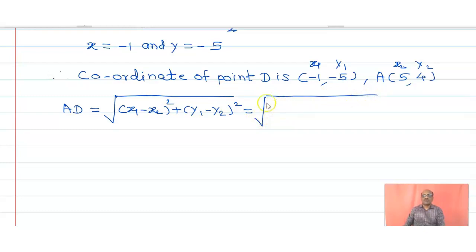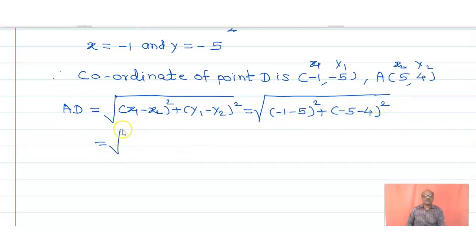Okay, what is x1? x1 is minus 1, so minus 1 minus 5 bracket square plus y1 minus y2, that is minus 5 minus 4 bracket square.